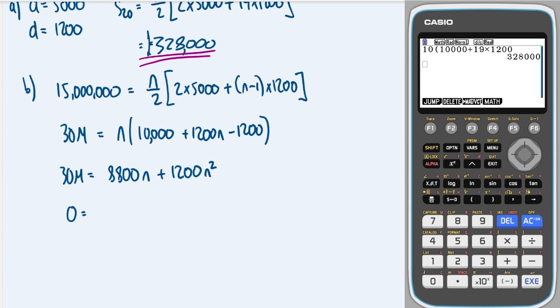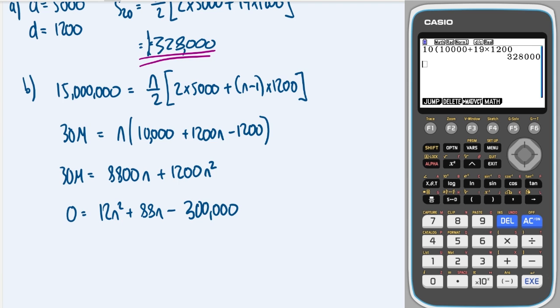Let's divide through by 100. Move the 30 mil over and divide through by 100 gives me 30,000. That's not right. 300,000. That's right.